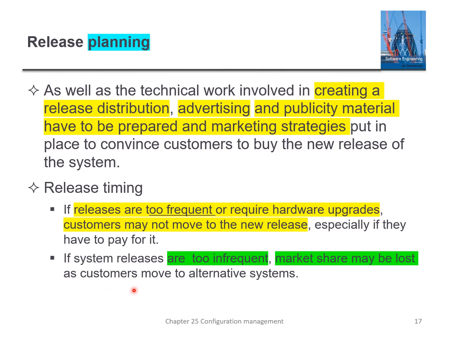But if you release too infrequently, the customer feels that the company is not being adaptive to the market or to customer requirements, so they might move to another product. So those are some of the issues that need to be thought about.